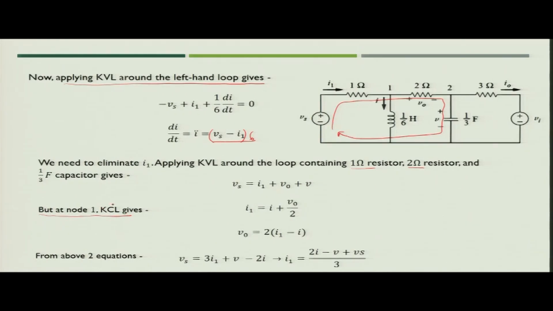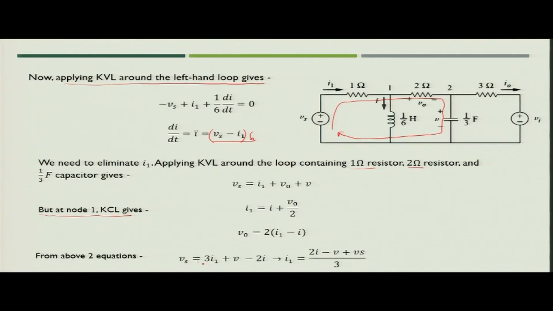You can get I1 from KCL applied at node 1. I1 is nothing but I plus the current flowing through the 2 ohm resistance, that is V naught by 2. So, you get V naught equal to 2 into (I1 minus I). Now, from the above two equations, what can you write? You just put the value of V naught in this.